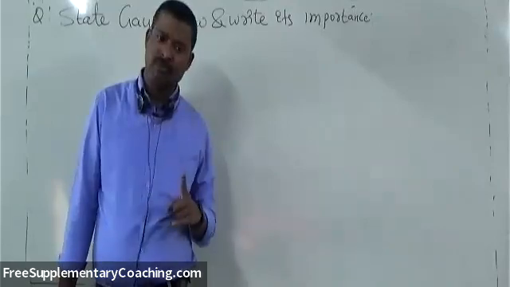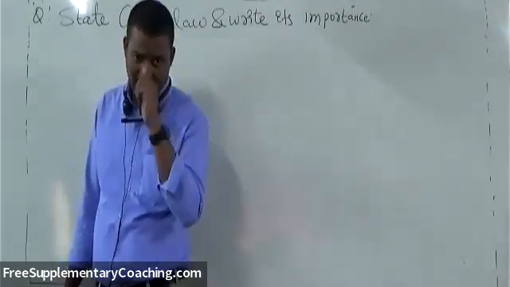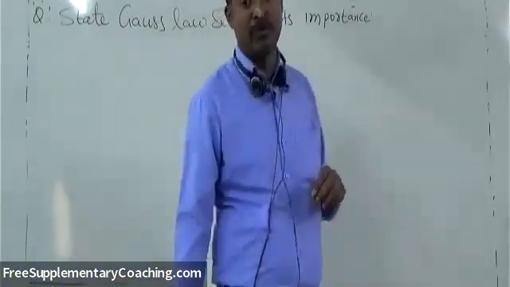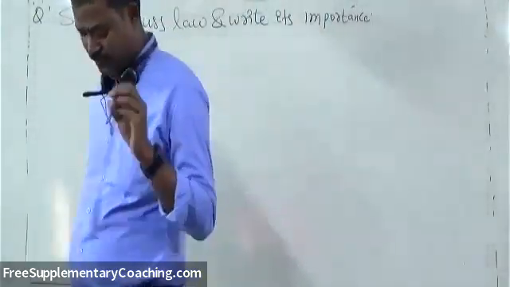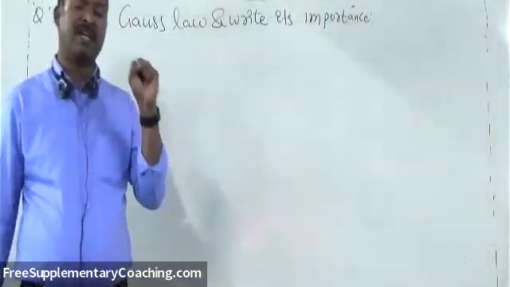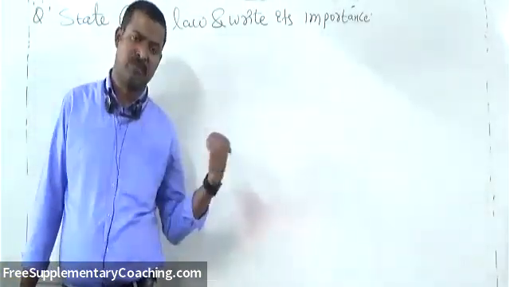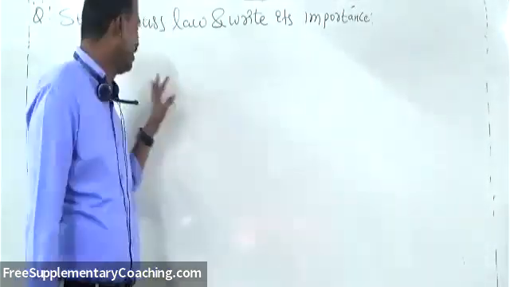And we know when the flux is calculated, from the flux we can also find the electric field. Basically we can find the electric flux, and we can find the electric field using this law.